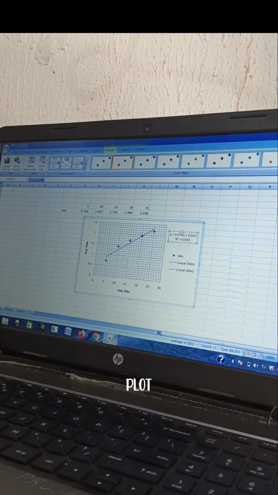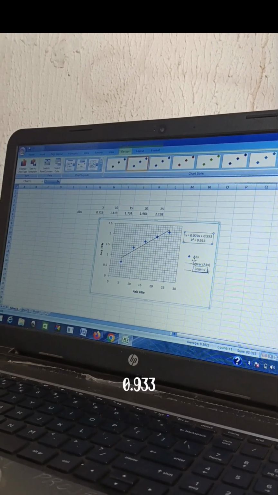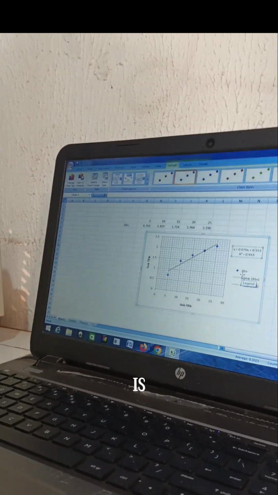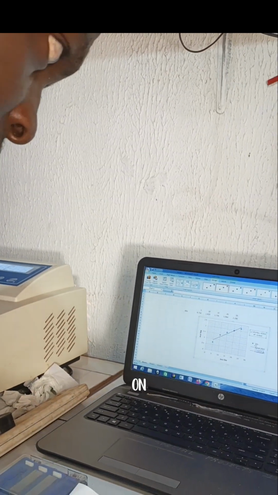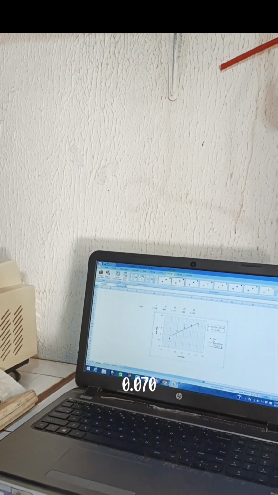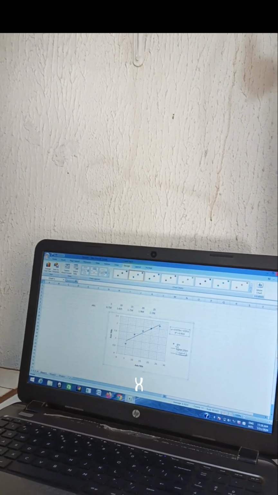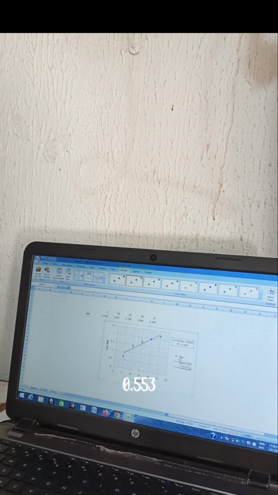If we look at our plot, you can see that the regression here is not so good. It's 0.933, but it's over 0.9. Then the equation on the graph is y is equal to 0.070x plus 0.553.